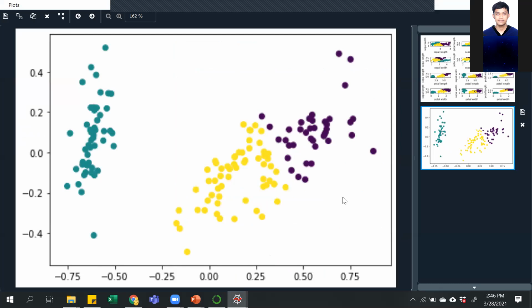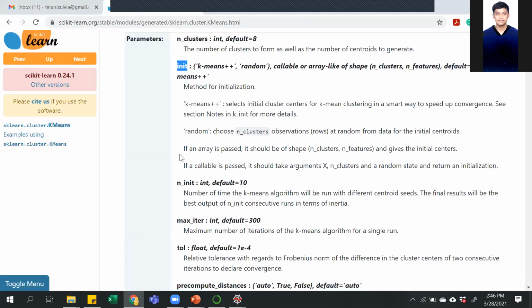But for other, more complex data, you can try different initial centroid strategies like this. Okay, any questions? No questions?